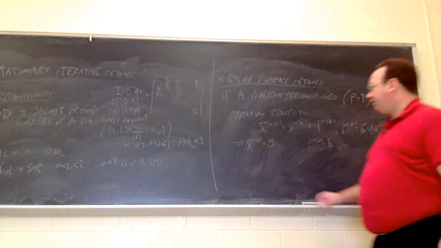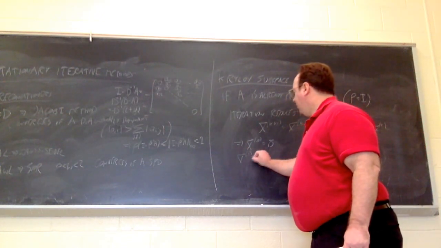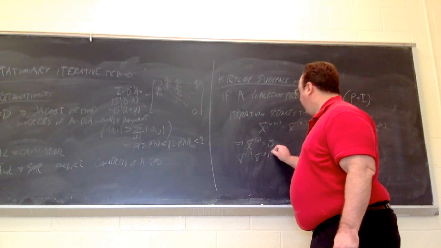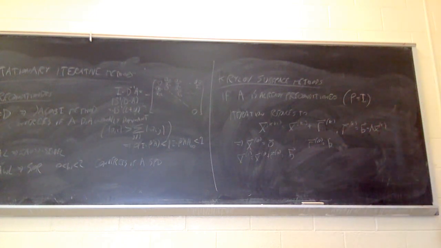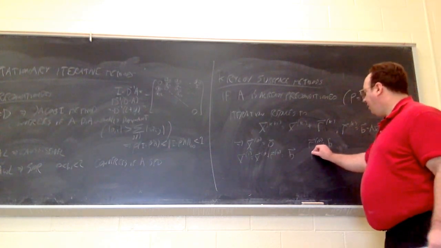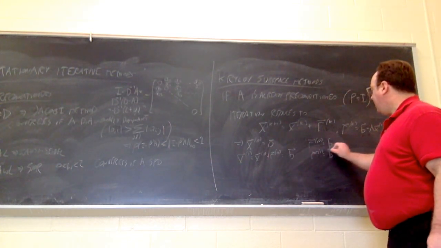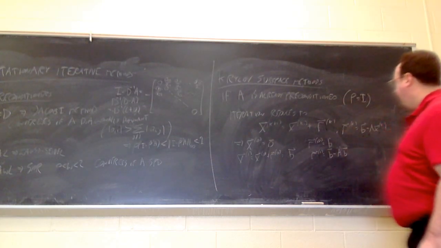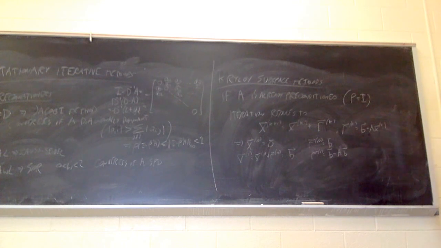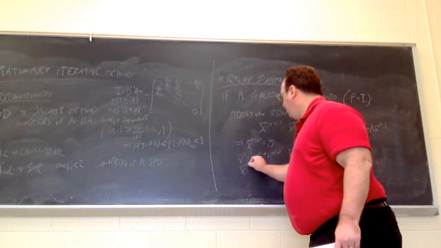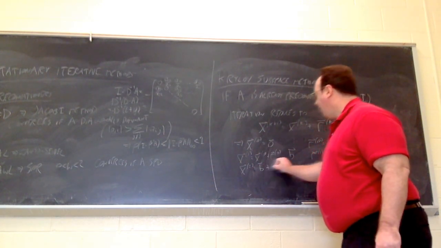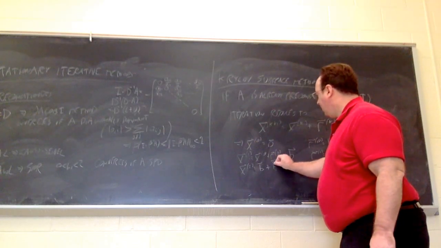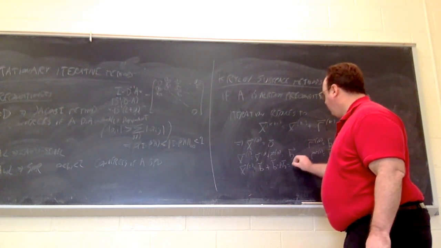Then x_1 is x_0 plus r_0, but that's 0 plus b, so we just get b. Now I need the next residual. So r_1 is equal to b minus Ab. And now I can update the solution with that. So x_2 is equal to x_1, which is b, plus the residual, which is b minus Ab. So we get 2b minus Ab.